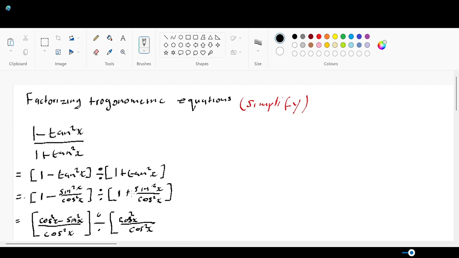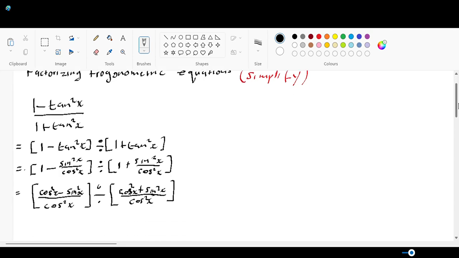Because we have plus here, we're going to plus here. And then we say cos squared x into cos squared x is 1 multiplied by sine squared x here on the numerator. Alright, so this is how you're supposed to get to this point.